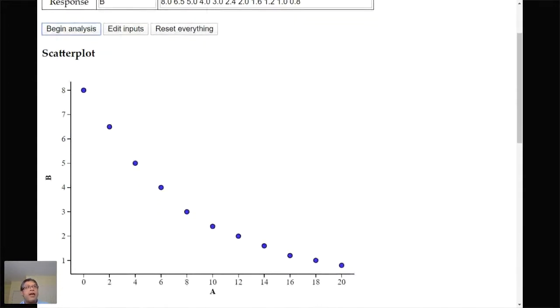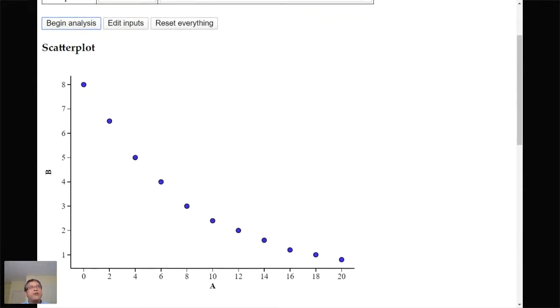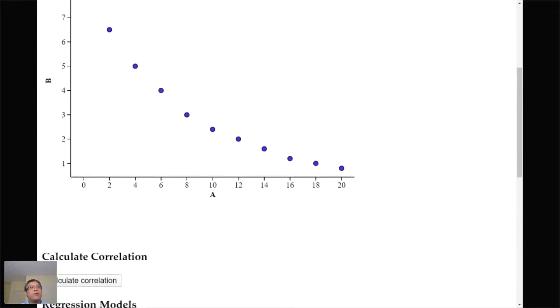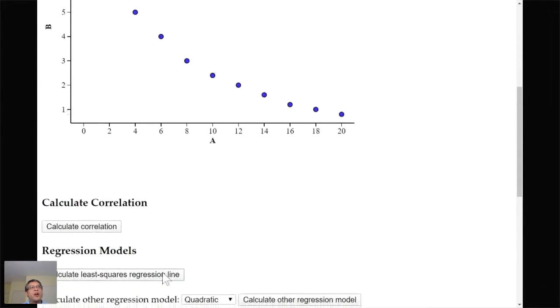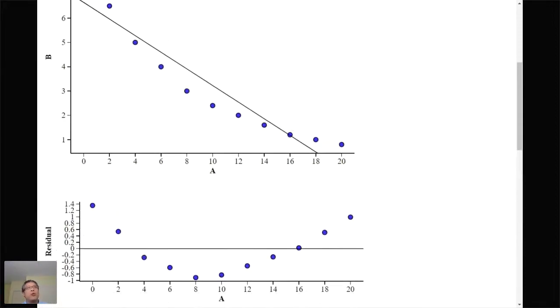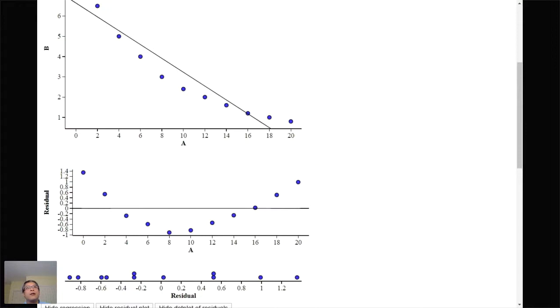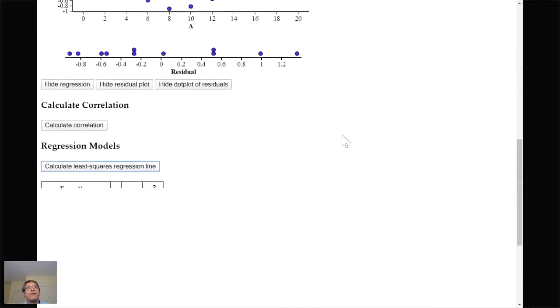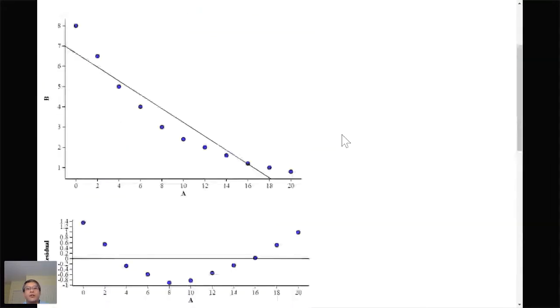And when we try to do a linear regression, we see that the residual plot for that shows a bend. Right? There we go. Now it's working. We can see that there's a big bend in that residual plot.